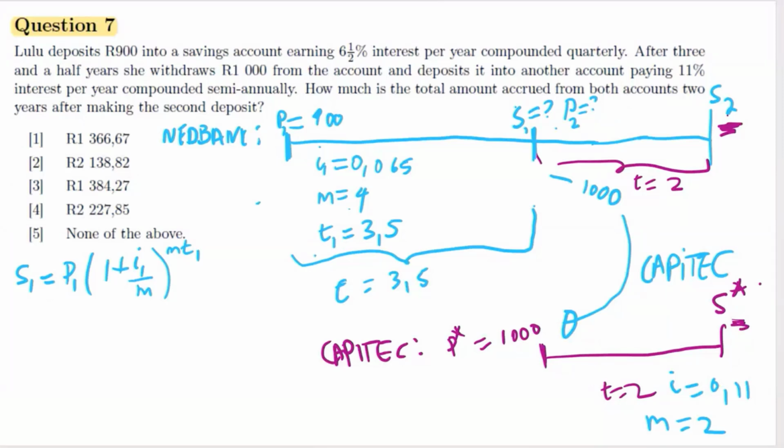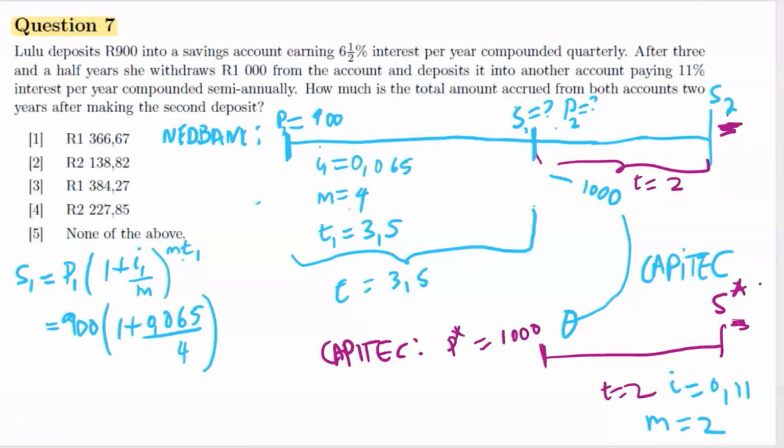Okay, so for Netbank, I'm using my pens to show the difference. So now S1, we've got P1 900. So you are going to have 900 into 1 plus the first interest rate. It is 0.065 divided by 4, because the account at Netbank is compounding quarterly.